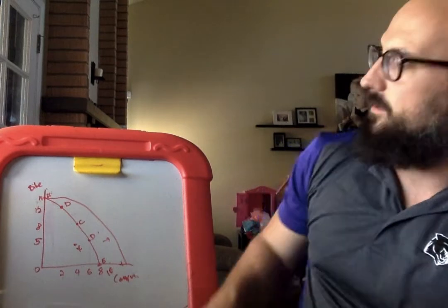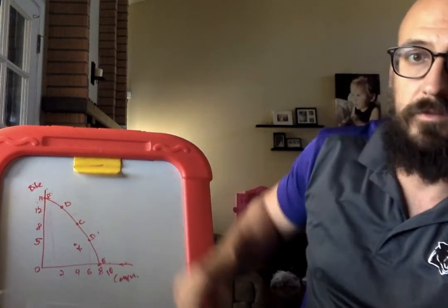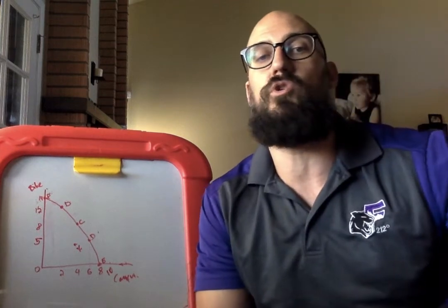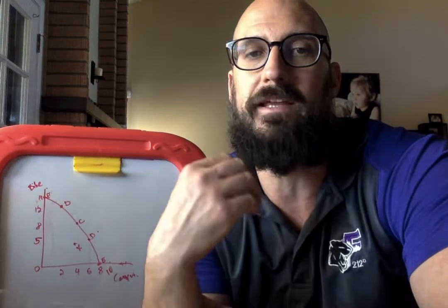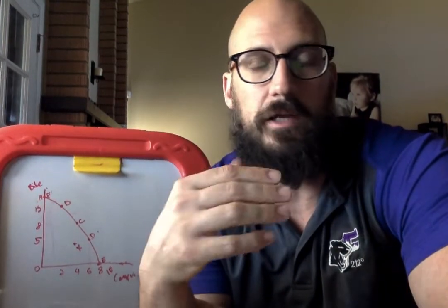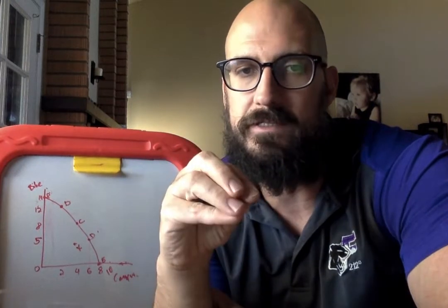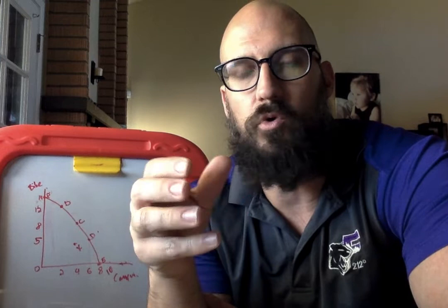Now, let's go back to the idea of capital goods and future growth. Countries that produce more capital goods, remember that capital goods help you produce more consumer goods, right? So if your society focuses more on capital goods, you're going to be able to make more consumer goods.